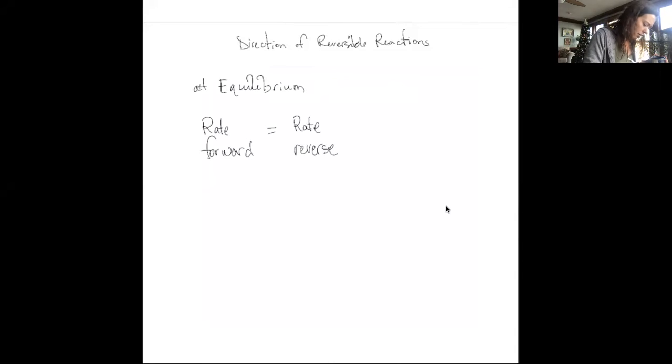Now, what I think they're wanting us to look at, so let's look at A plus B yields C plus D in an equilibrium system. Let's just talk about what would happen if the concentration of A is increased.